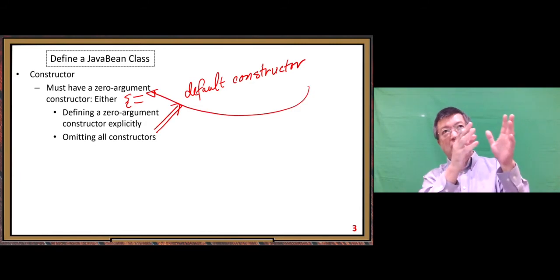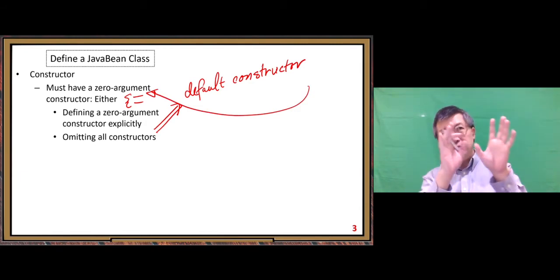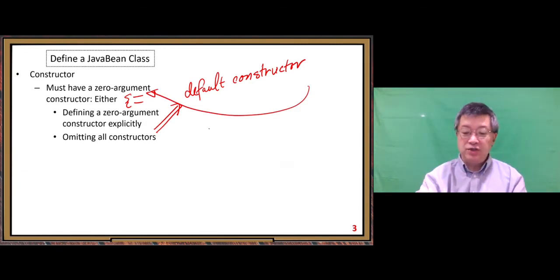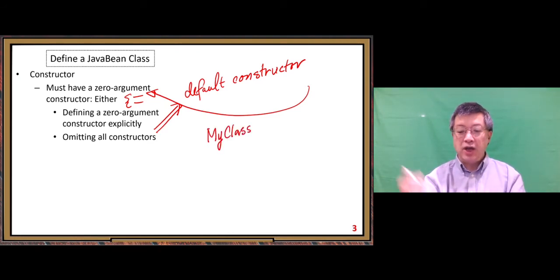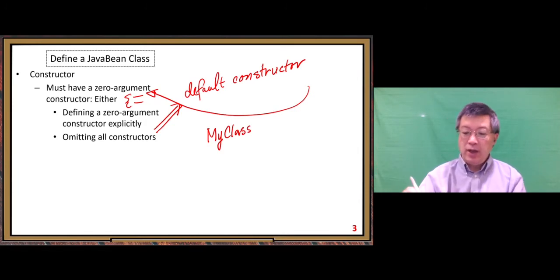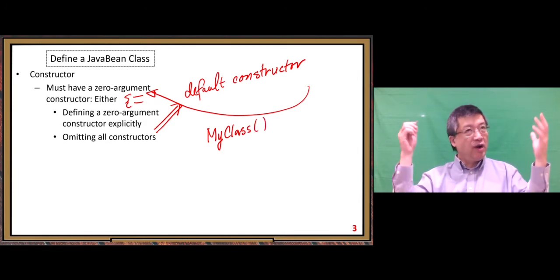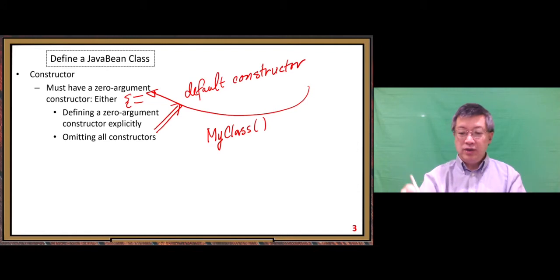So what is a default constructor? Very simple. Suppose My Class is the name of our JavaBean. The default constructor is the class name, parenthesis, no argument, curly braces, inside it nothing, no code inside it.